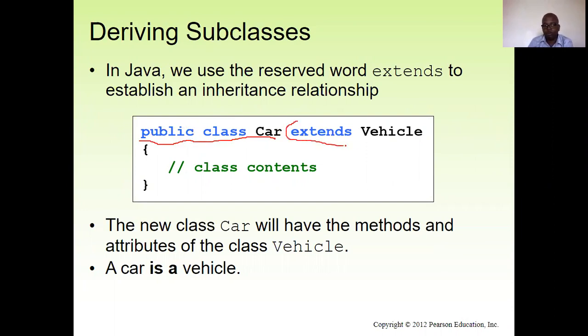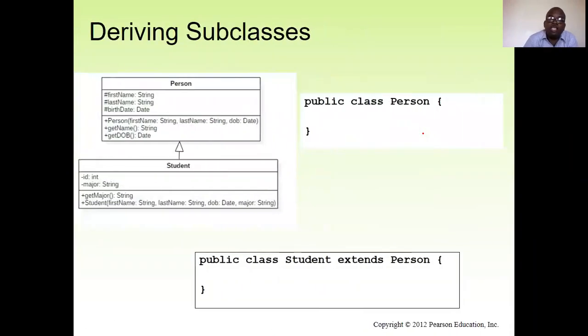Now, the only thing that is different is that we're extending vehicle, which means that vehicle must have existed before. Okay? So we write the vehicle class and then we extend it using car, all right? Which is now representative of the example we were discussing in the first half. Now, the new class car will have the methods and attributes of the vehicle. So car is a vehicle.